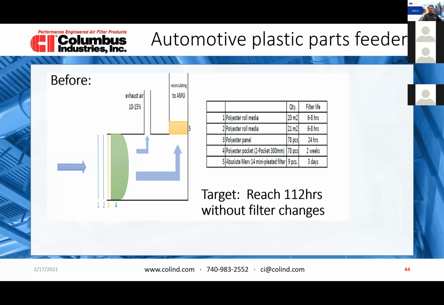It's a lot of paint that's going through it every day. So they had 2 layers of polyester, 1 and 2. They had a panel in here, and they had a pocket. As far as the air is concerned, they were exhausting out to the outside about 10 to 15%, and they were exhausting through the absolute filter.